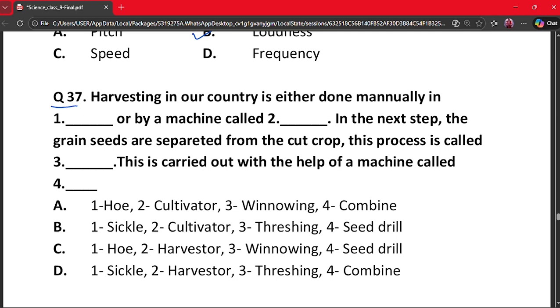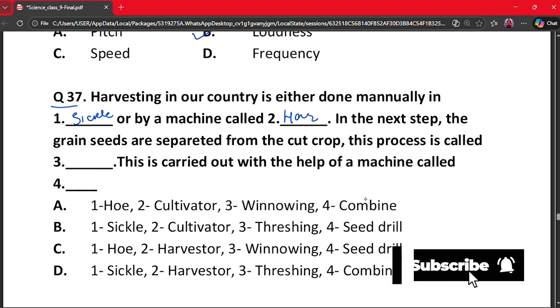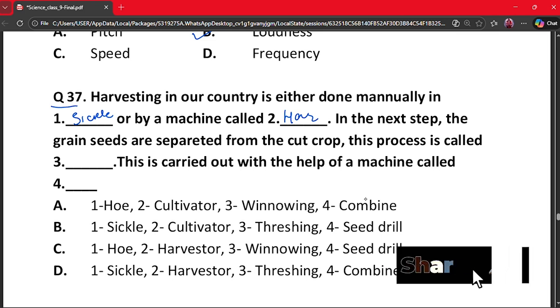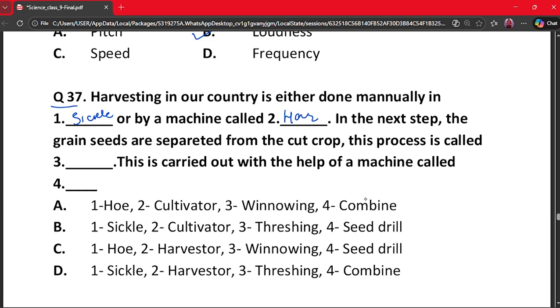Harvesting in our country is either done manually with a sickle, right? We use a sickle, or by a machine called harvester. In the next step, the grain seeds are separated from the cut crop. This process is called threshing, cutting the crop.